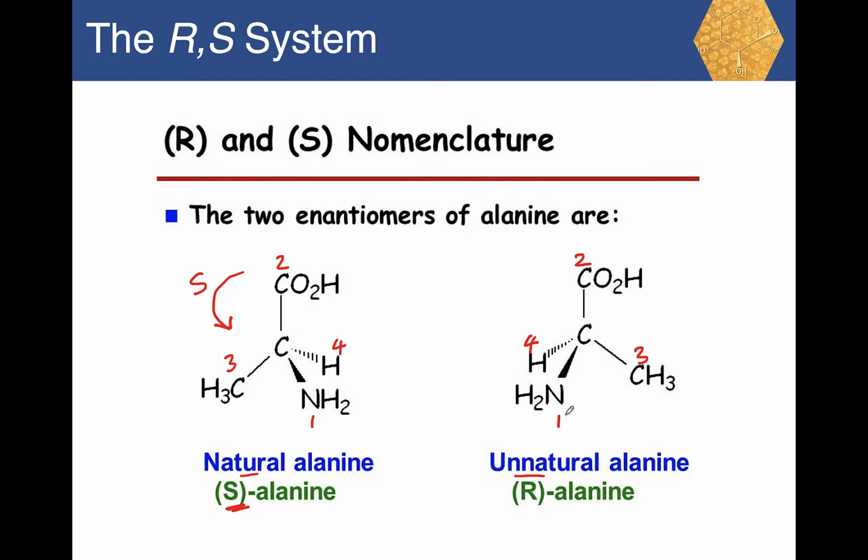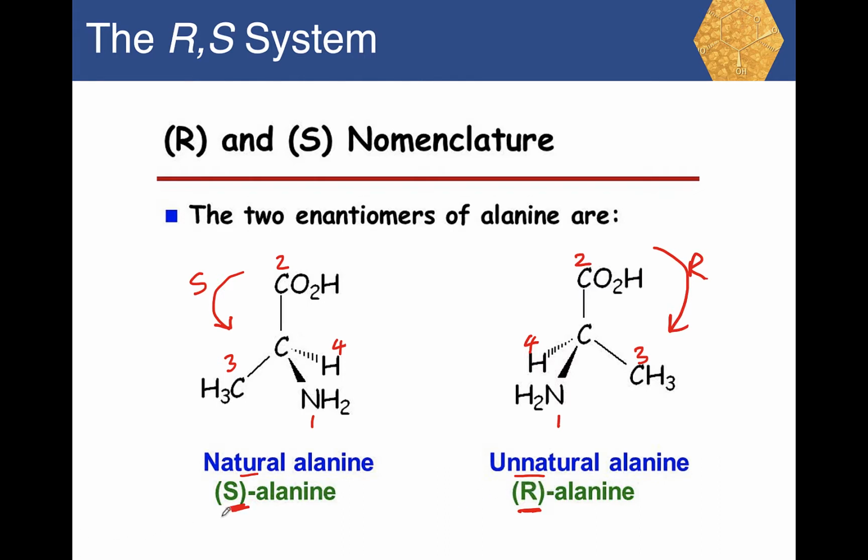In this case, we go 1, 2, and 3. So this would be the direction of tracing priority numbers. This is the direction of the minute hand on a clock. So this is the R, and this is R-alanine.